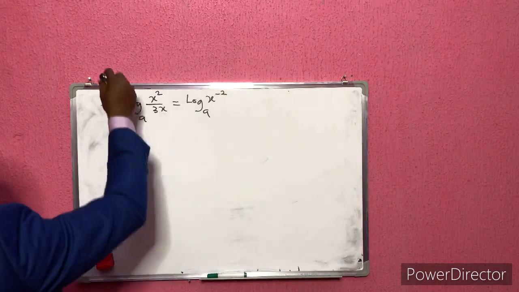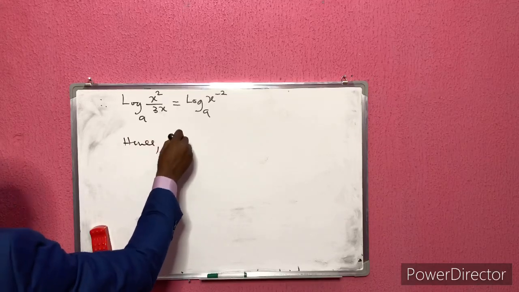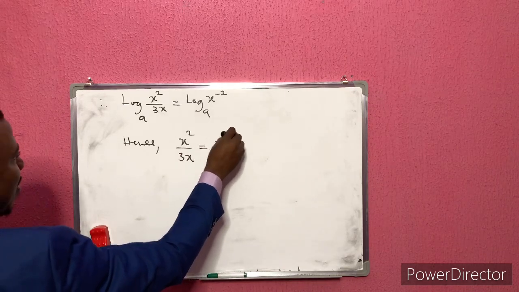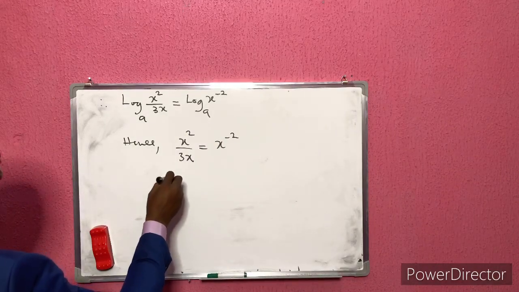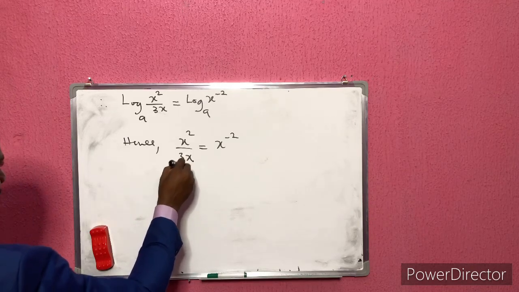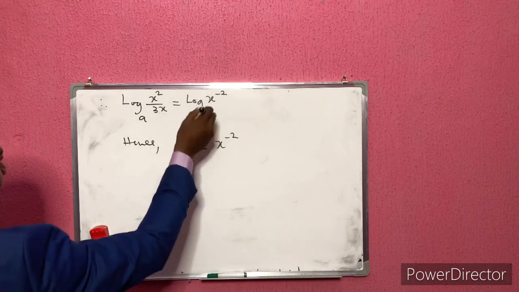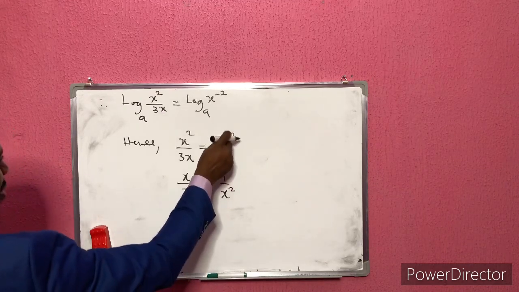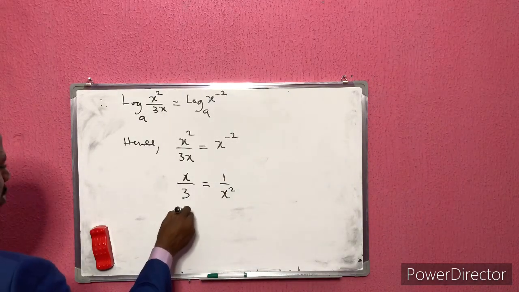In this case, the log will go, I'll have, hence, x squared over 3x is equal to x power minus 2. This will give you x over 3. When I cancel this, x here is equal to 1 over x squared. Remember how to remove the power minus. Cross multiply.